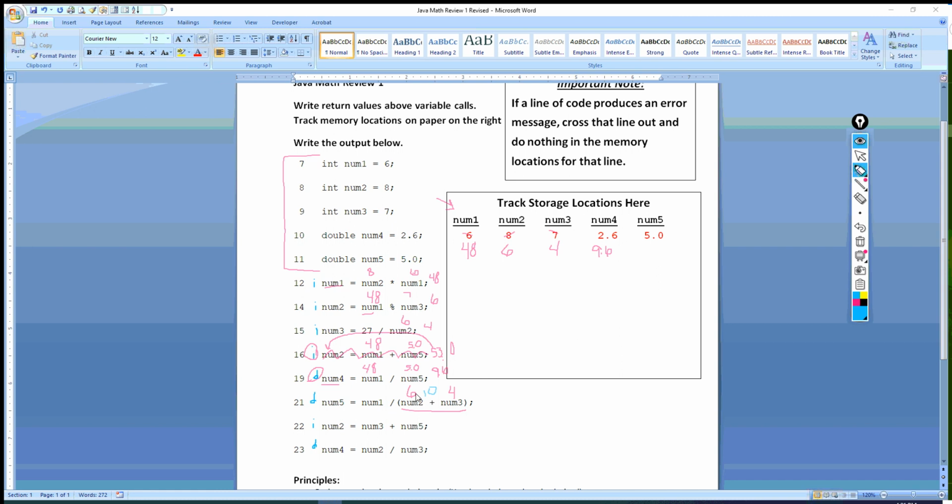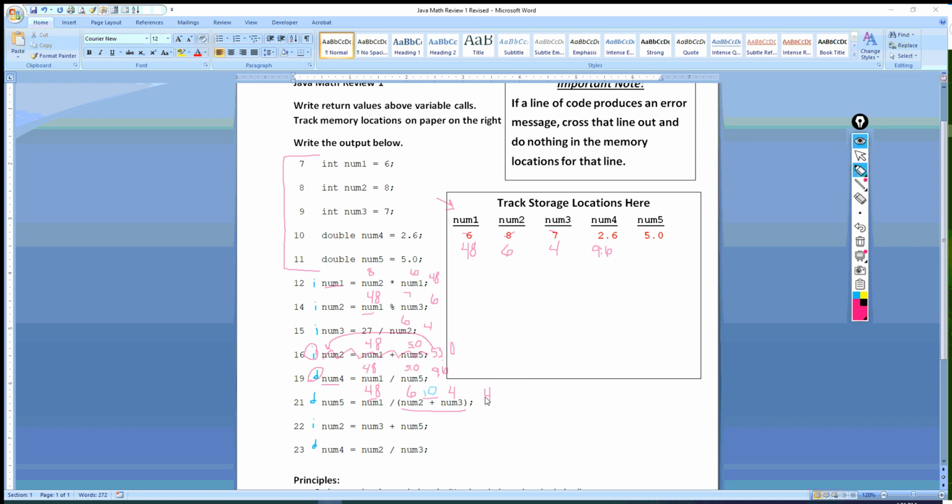Alright, so now num1 is 48 still. So we're going to take 48 and we're going to divide it by 10. Now they're both ints, so we're going to use the calculator and drop the decimal. So 10 goes into 48 4 times.